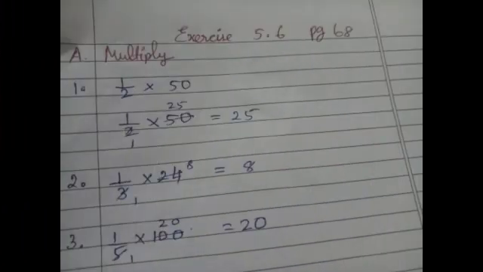Exercise 5.6 on page number 68, multiplication and solve. There are A and B sections. The first one is 1/2 multiplied by 50. For the first sum, we follow the 3 steps as we learned in the previous one. Now 1/2 multiplied by 50.